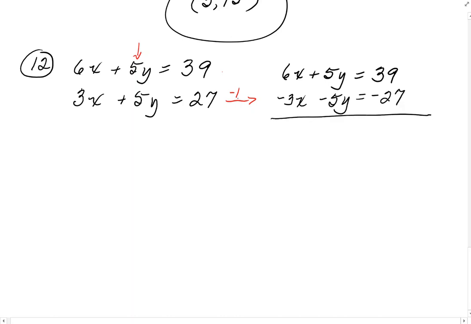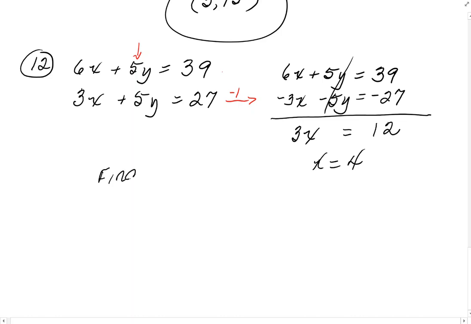Make sure you distribute the -1 to every term on both sides. When I add those, I end up with 3x. The y's have eliminated when I added them, and I'm left with, over here, 12. Divide by 3, and x is 4.